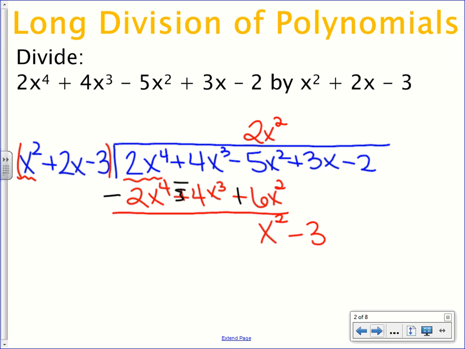We need to bring down the negative 3x. Since I have 3 terms in my divisor, I need to have 3 terms down here to work with. So I'm going to go ahead and bring down both of them. However many terms in my divisor need to match this because we're going to have to do some subtraction.